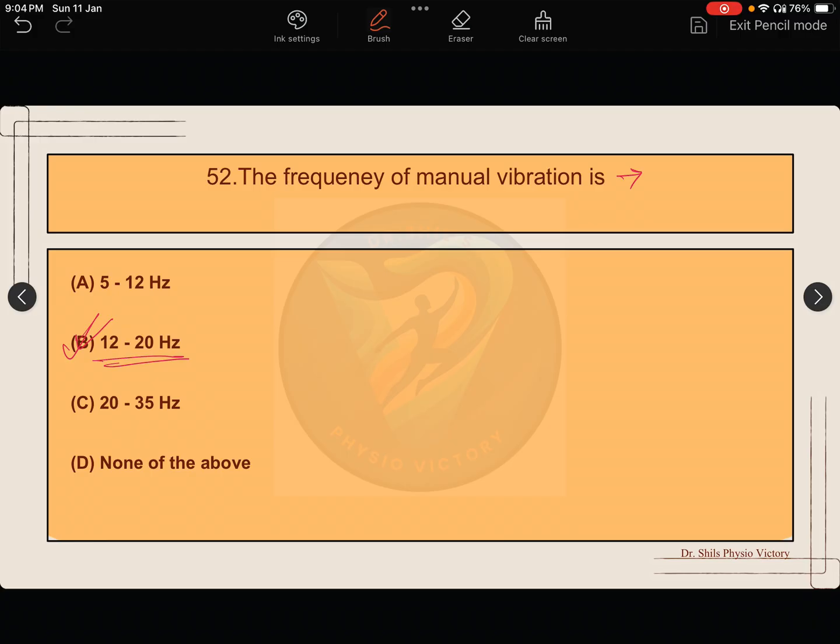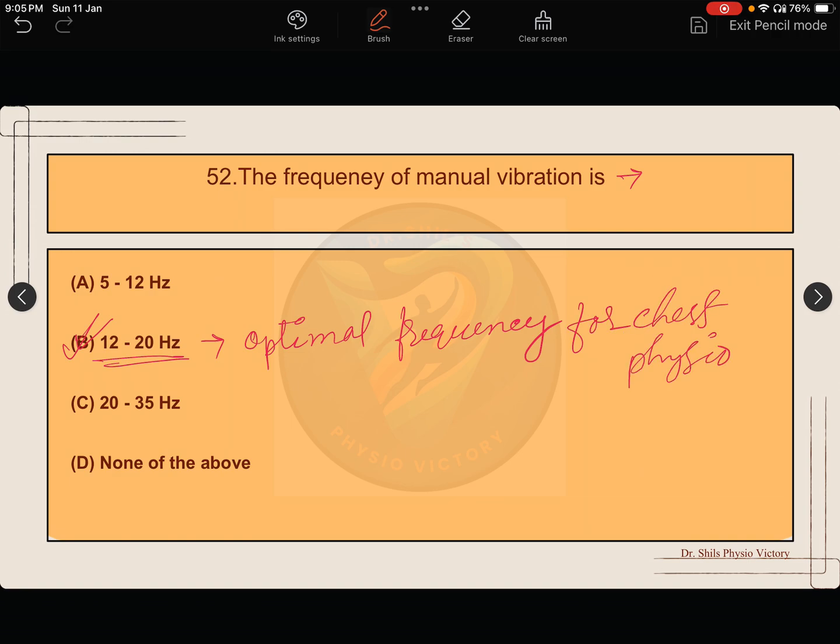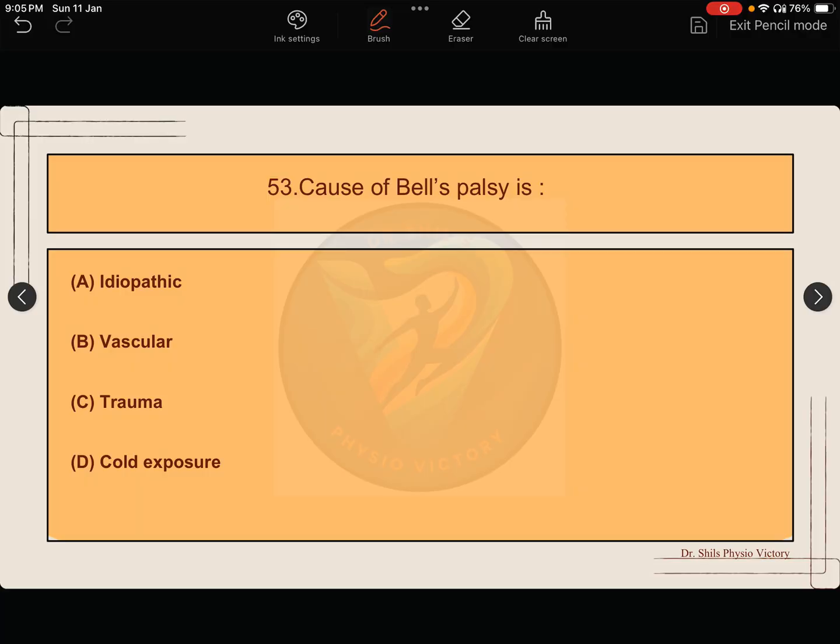Optimal frequency for chest physiotherapy is 12 to 20 Hz.